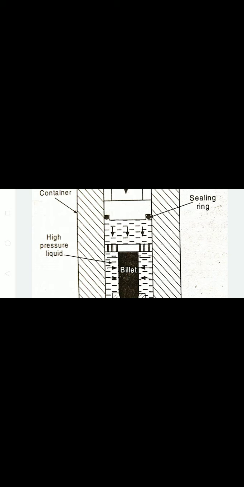This reduces the power requirement, because as the friction increases, the power required also increases. Therefore this reduces the power requirements to a greater extent as compared to the normal extrusion processes. This also reduces the formation of extrusion defects associated with high extrusion friction.